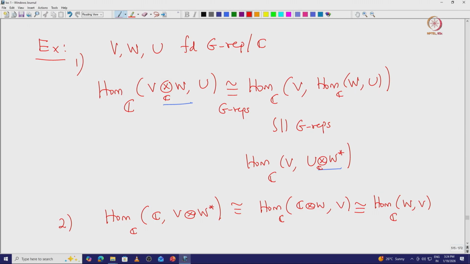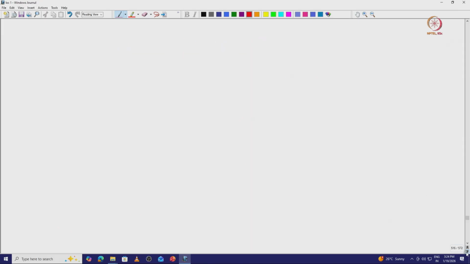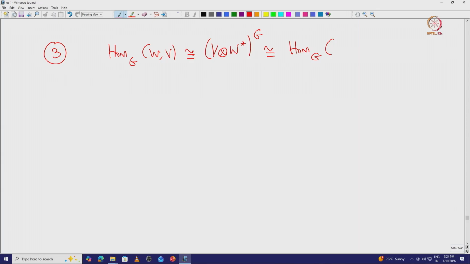In particular, we can also specialize to the G-invariant maps. Maybe write it as the third thing, it is immediate from the earlier observation. If you look at Hom_G(W, V), it is isomorphic to taking V tensor W star and then taking G-invariants there, which is naturally isomorphic to Hom_G(C, V tensor W star).